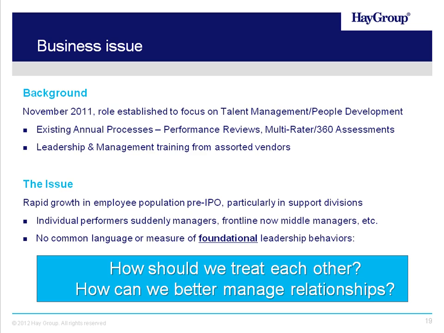So, what's the issue? Why do we need to assess emotional intelligence, and what's going on with the population at Carlyle? Well, when I came, we were in a very rapid growth mode. We were pre-IPO, and so we had a tremendous amount of people joining the firm from outside the firm.